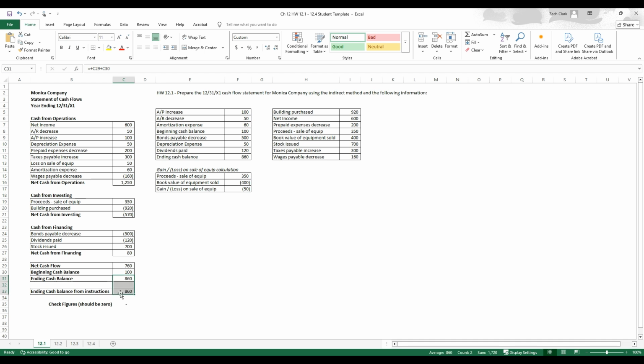That's not exactly what's happening here, but it's a similar concept: if this doesn't match your given figure, you did something wrong above. So the fact that it goes to 0 is a good check figure to show that we've done all of our work correctly. And that's pretty much the whole process of the problem.